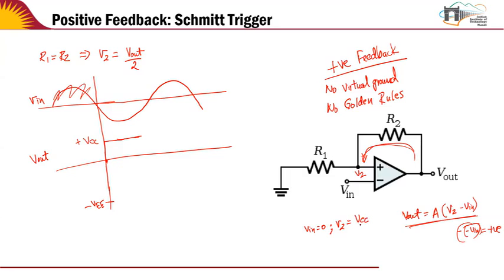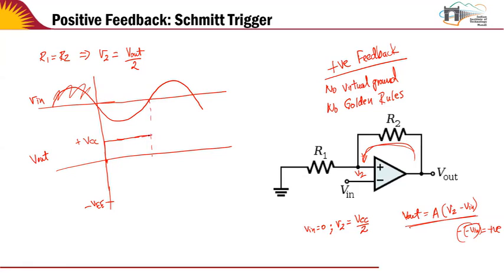It's VCC divided by 2, because Vout went to saturation at VCC in the previous case, and V2 is Vout divided by 2, assuming R2 equals R1. When the input goes to 0, Vout is A times V2 minus Vn. Vn is 0, V2 is VCC by 2, so Vout is still positive. So although the input goes to 0, the output still remains positive.